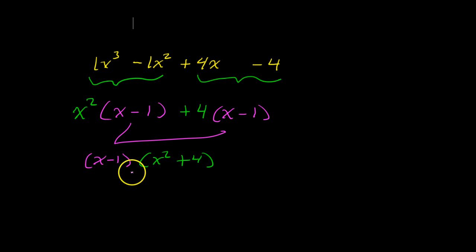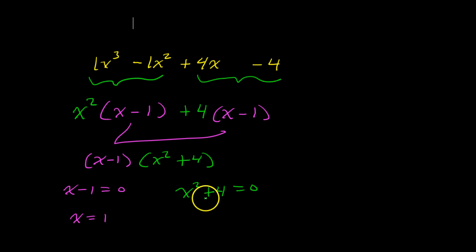Now if I set these equal to 0, then I've got x minus 1 equals 0, and that's going to give me x equals 1. And if I set this equal to 0, I've got x squared plus 4 equals 0.